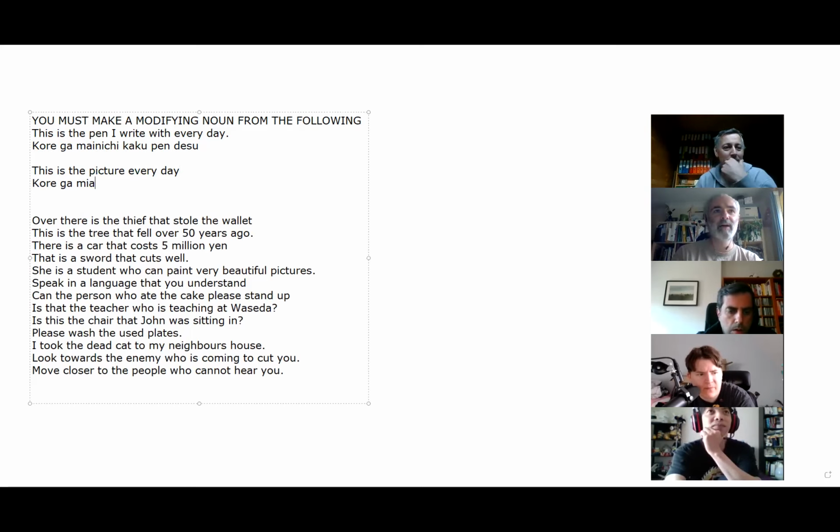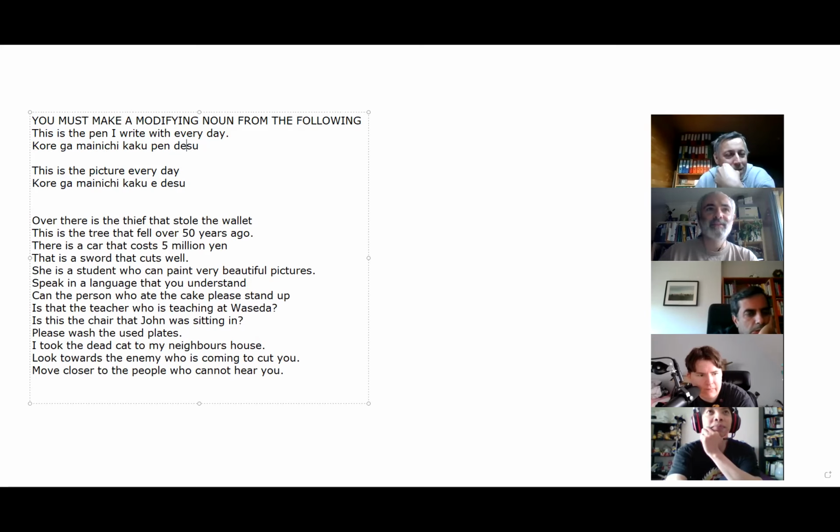Korega mainichi kaku e desu. I completely sympathise with your selection of verb, but this means that you draw a pen rather than writing with a pen. So I need a different verb.